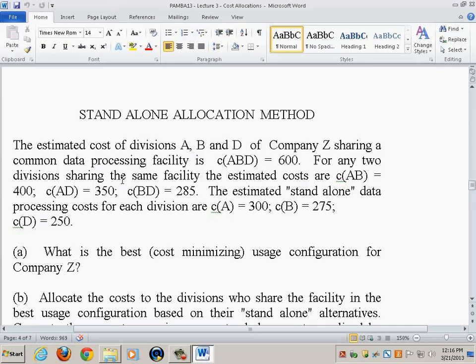So we could estimate the cost of each division or each product going it alone in terms of the services. Remember, in our healthcare case, we had a joint X-ray machine. Why?